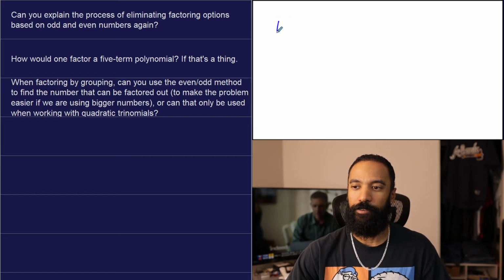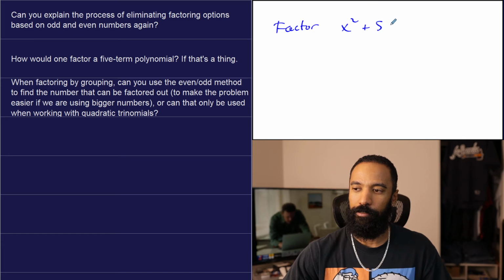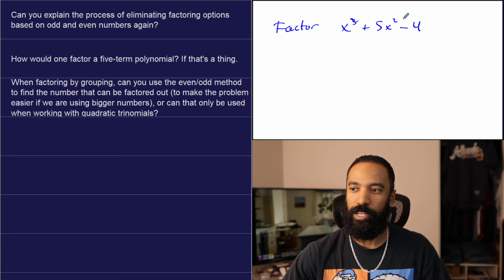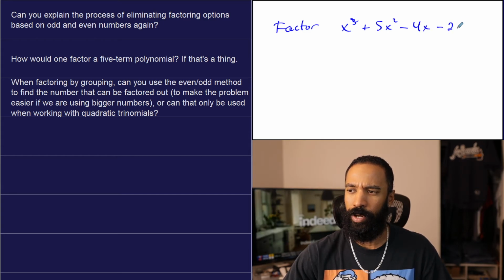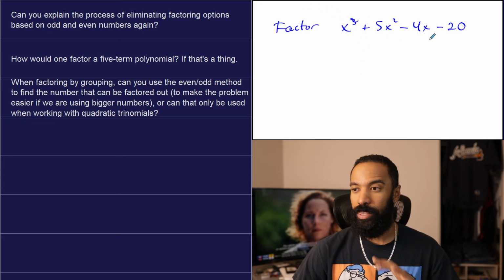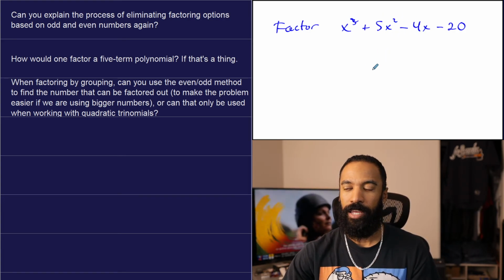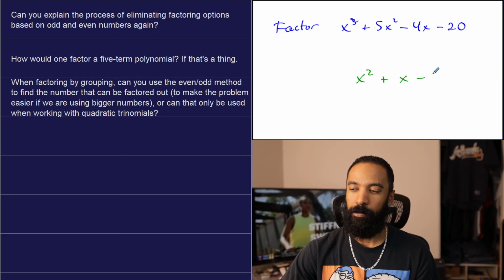So when we talk about factoring x cubed plus 5x squared minus 4x minus 20, I think would work out there. Nothing combines here. So the even-odd concept has to do with the fact that two linear terms would combine, compared to that of talking about x squared plus x minus 20.